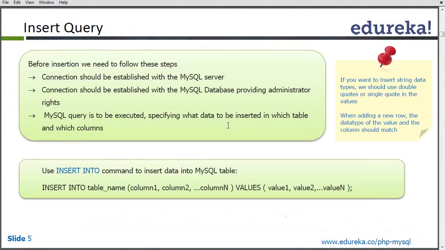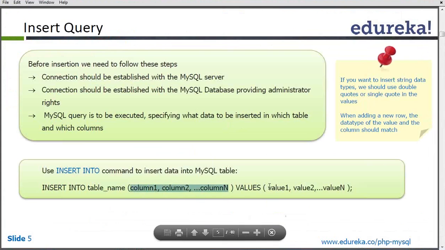Next is MySQL query is to be executed specifying what data to be inserted in table. In this point, it is made clear that in order to insert a particular row into database, we have to define first of all the columns in which we want to have the values, and then sequentially as per the column names we will be having the values for each column.